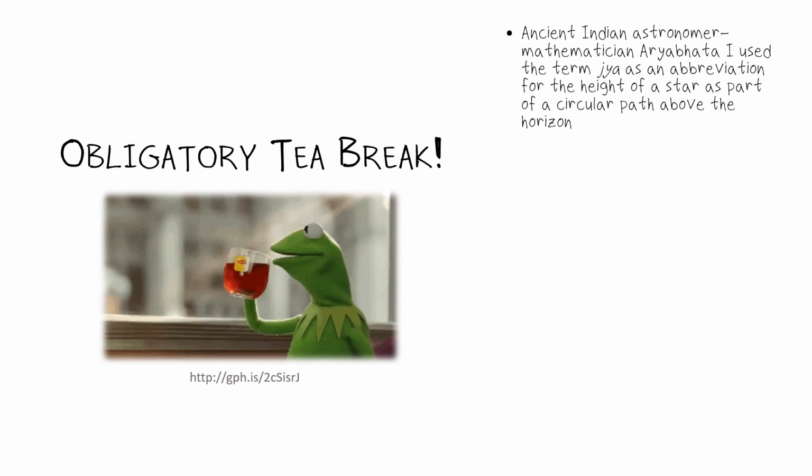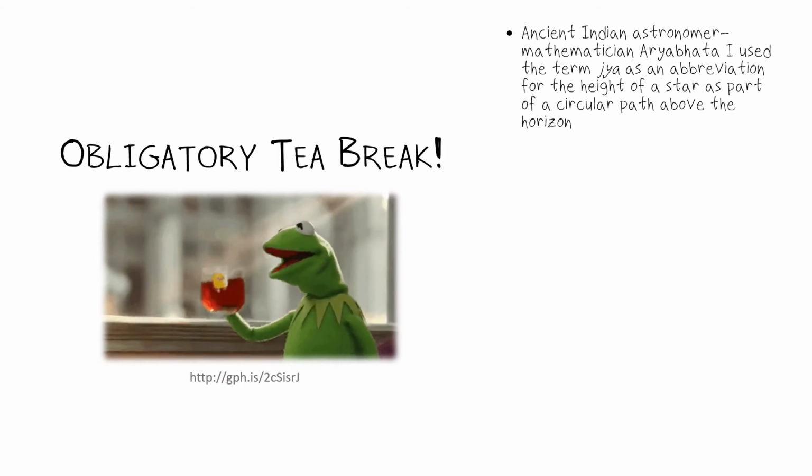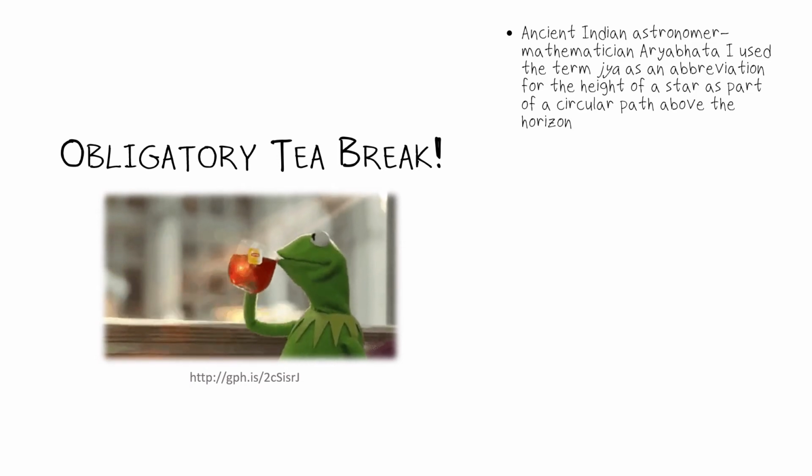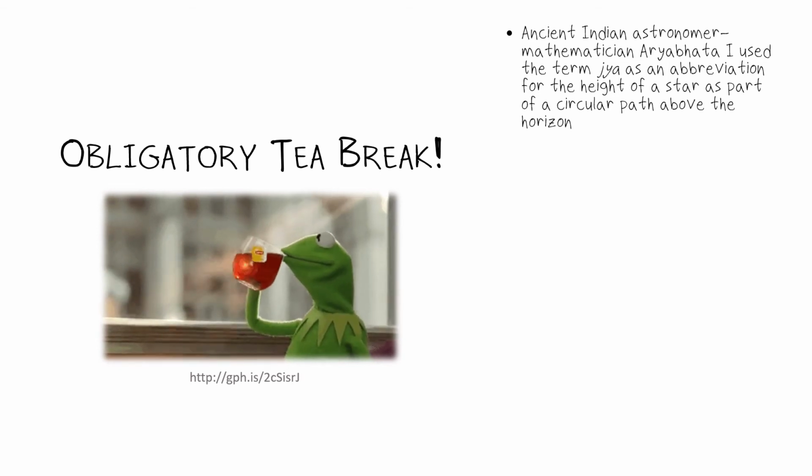He was tracking the sun as it rose above the horizon on what he assumed was a circular path. He had a term that he used as an abbreviation for the height of the star as part of the circular path that star travels, and he referred to it as a JYA.